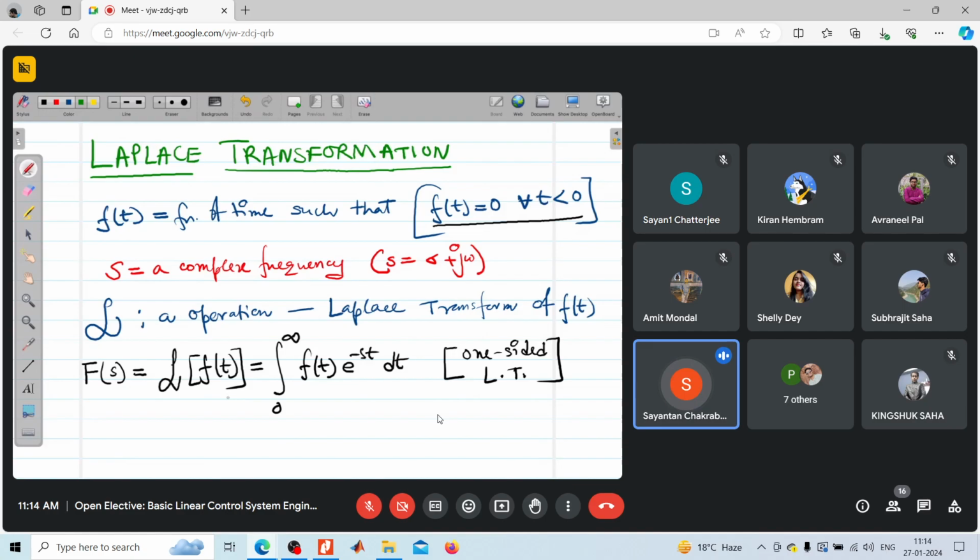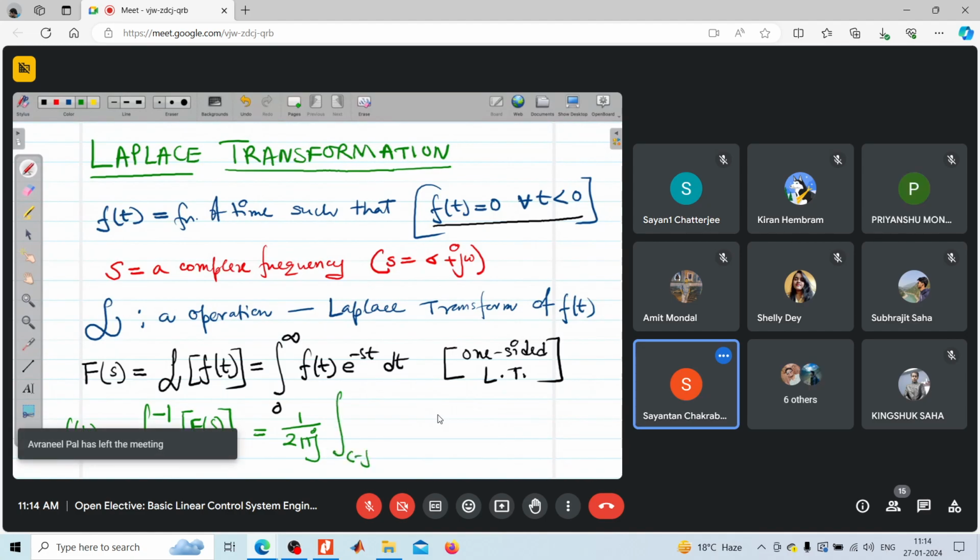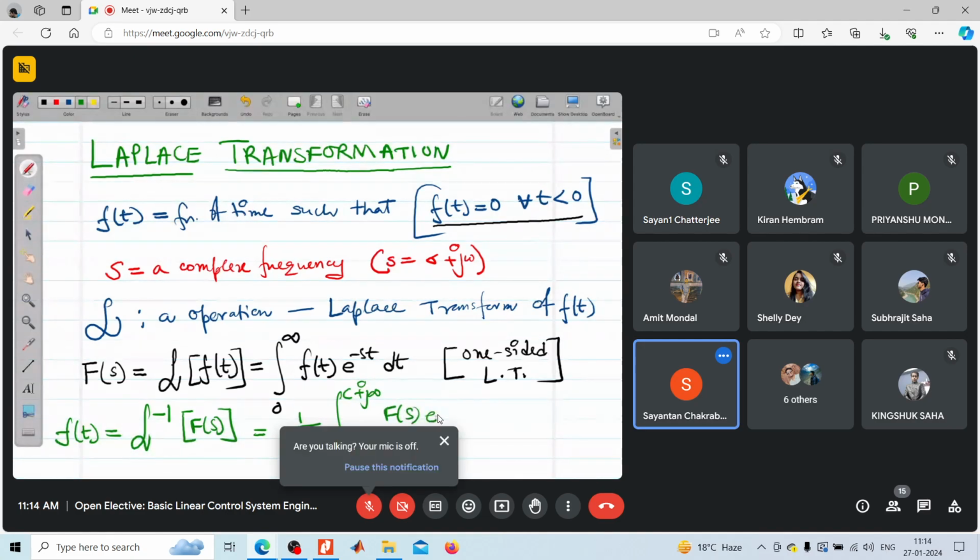Once you get F(s), you can find out f(t) by carrying out an inverse Laplace transform over F(s), which is again defined as, for all t greater than or equal to 0.